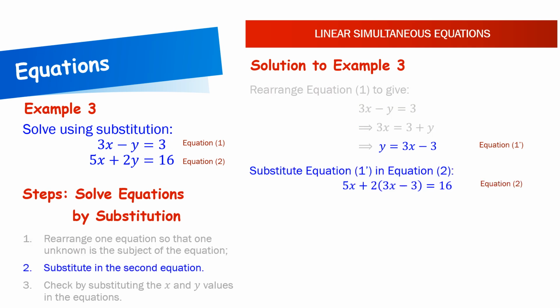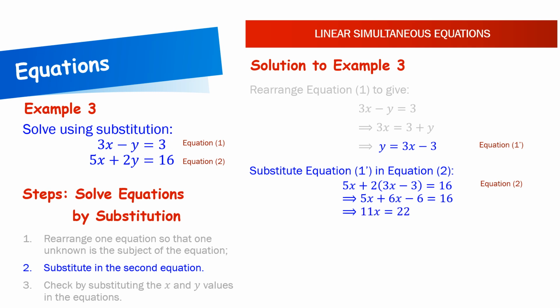And now we substitute equation 1' in equation 2, as shown. And then tidying up gives us 5x plus 6x minus 6 equals 16.